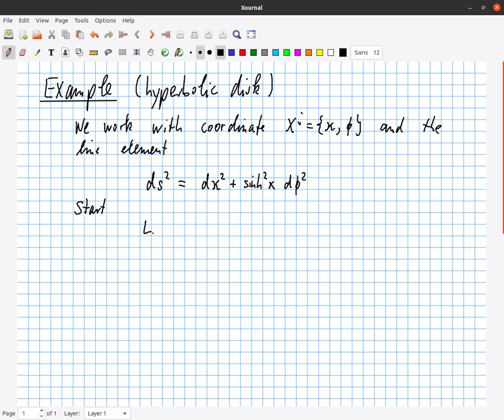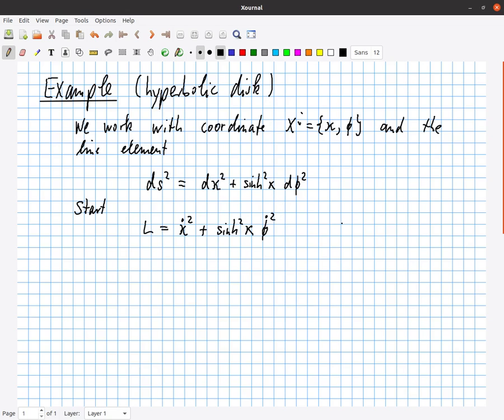I believe the most efficient way is to use the Lagrangian approach to find all the non-vanishing Christoffel symbol components. So this is our Lagrangian.